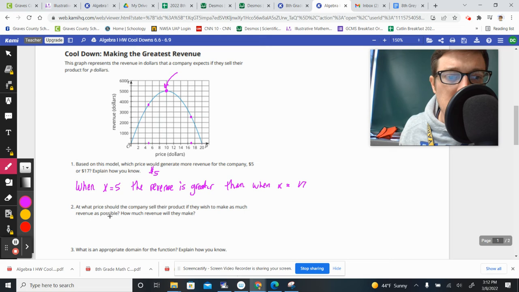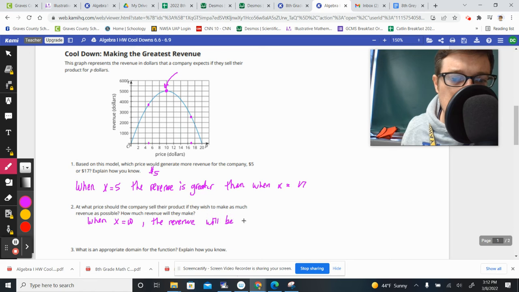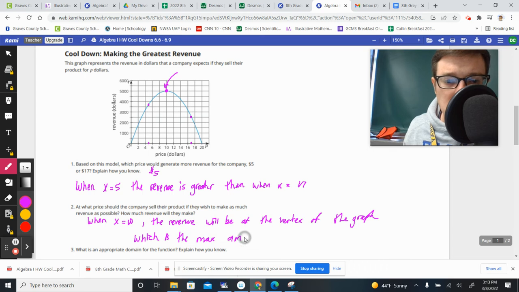So at the price when x equals 10, the revenue will be at the vertex of the graph, which is the max amount of revenue.